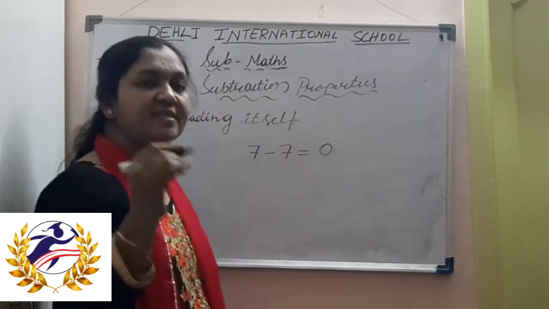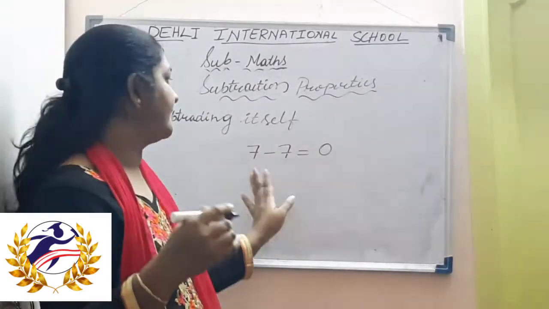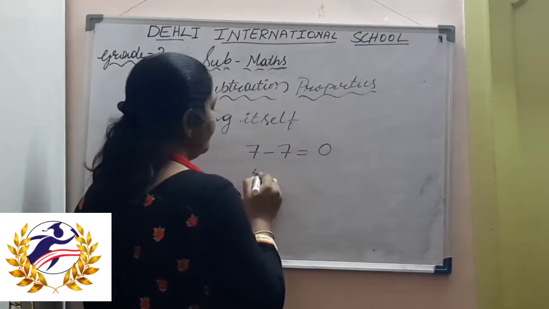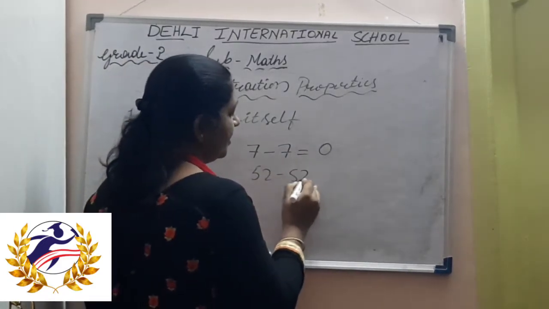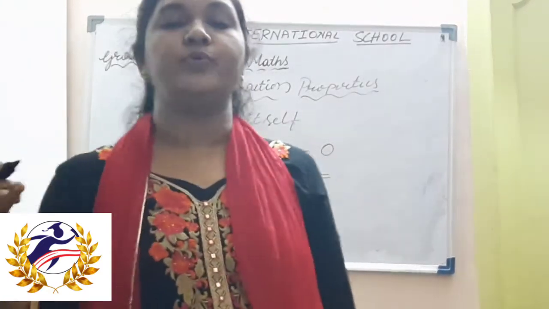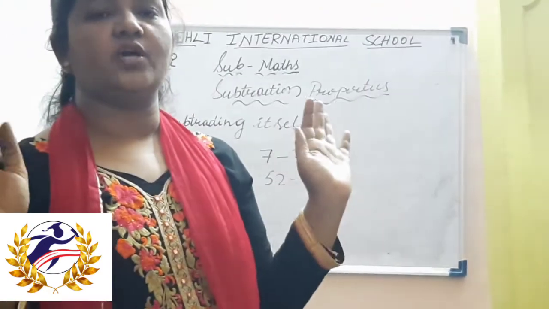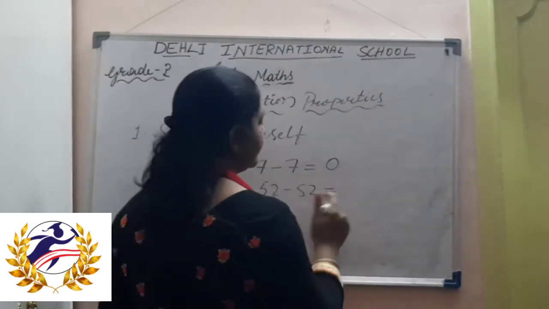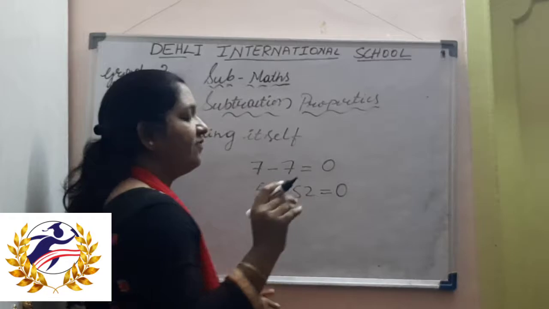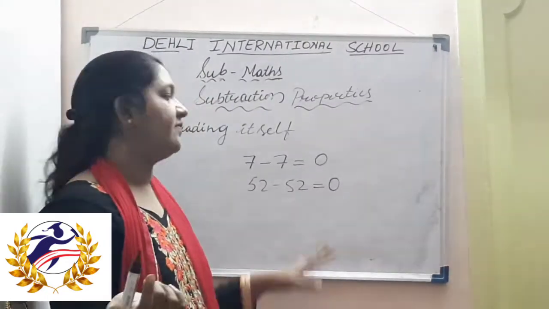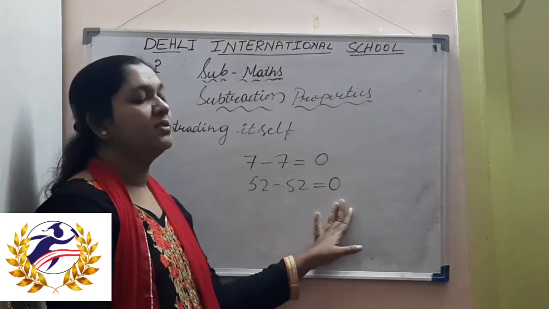If we subtract a number from the same number, the answer will be 0. For example, 52 minus 52. If you have 52 chocolates and you distribute all those 52 chocolates to your friends, how many chocolates will be left with you? That is 0. If a number is subtracted from the same number, the answer will be 0.